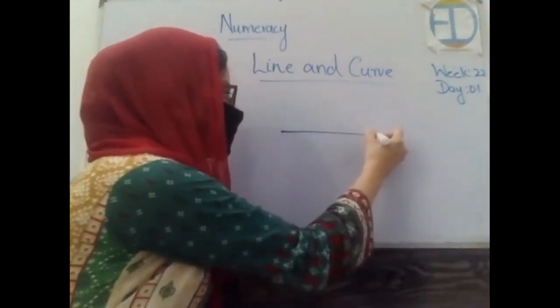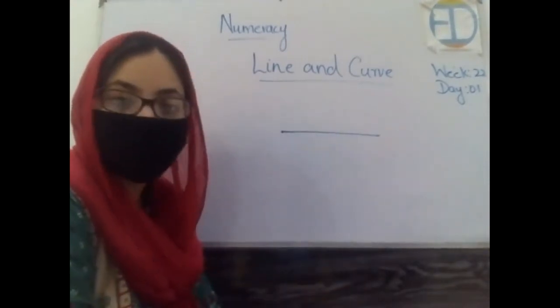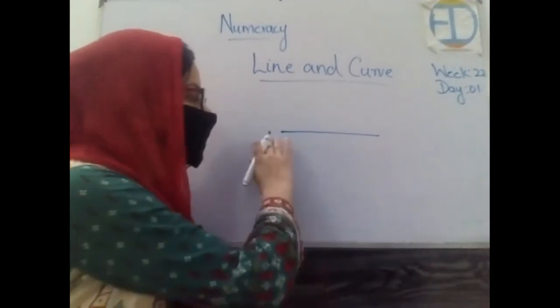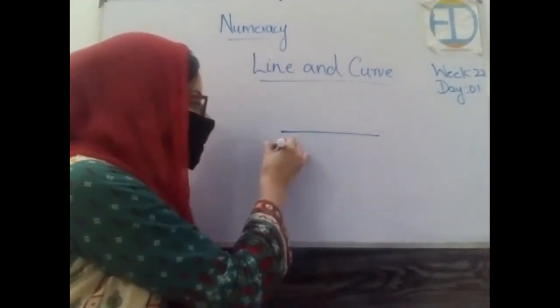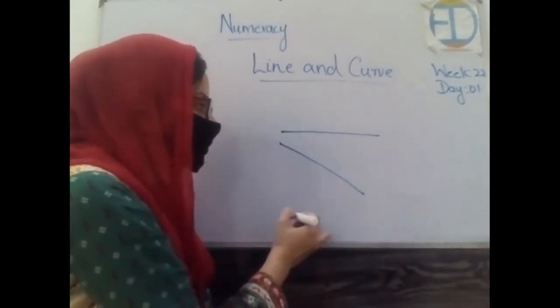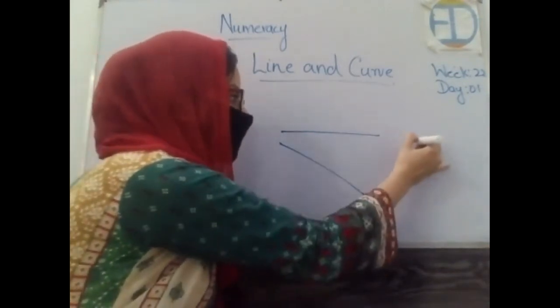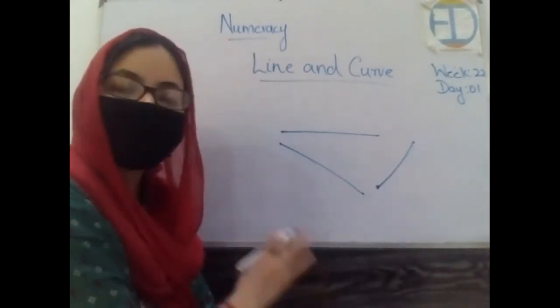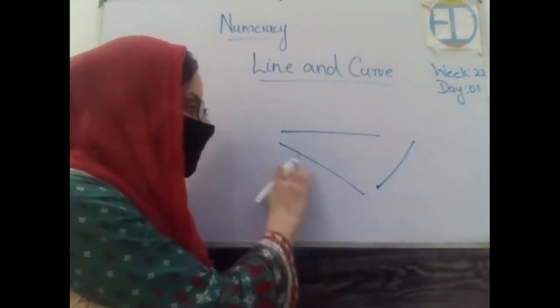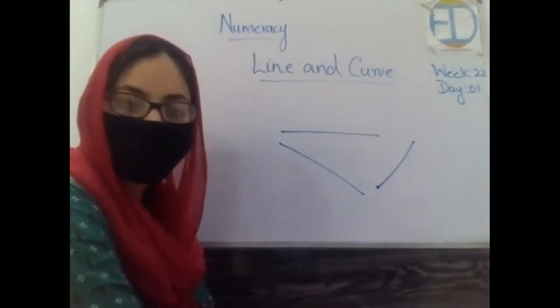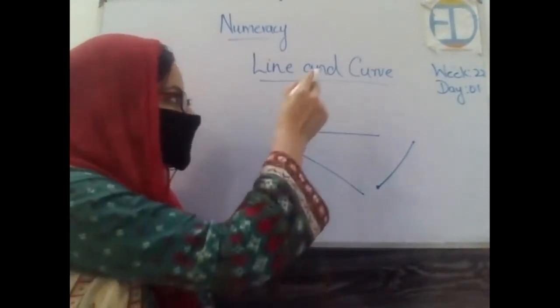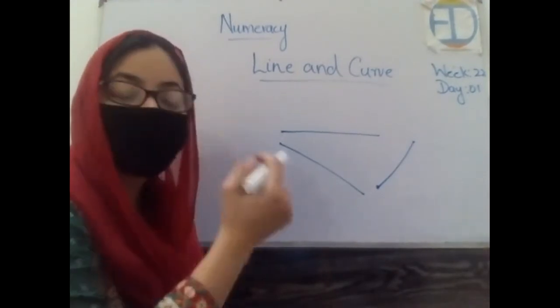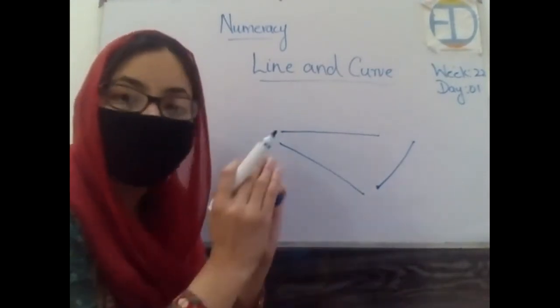Now a line is something which is straight. This does not mean that it should be in this direction. It can be in this direction, it can be in this direction, right? It can be in any direction, but it should be a line. Then the second thing is curve. A curve is something which is in bended form.